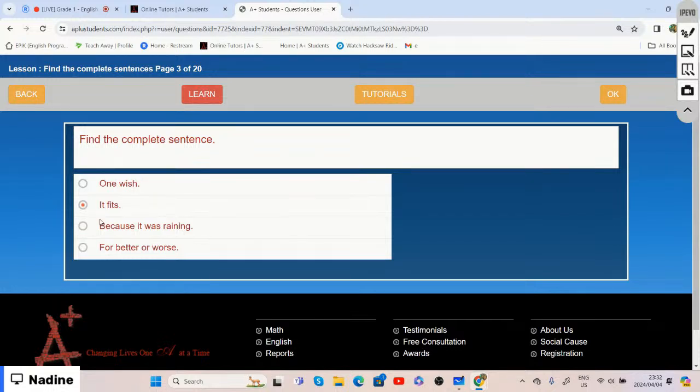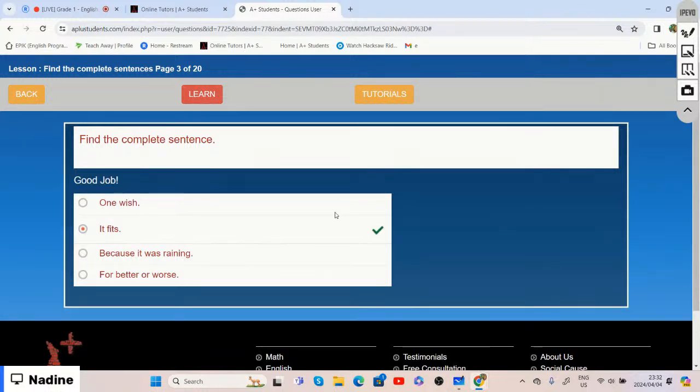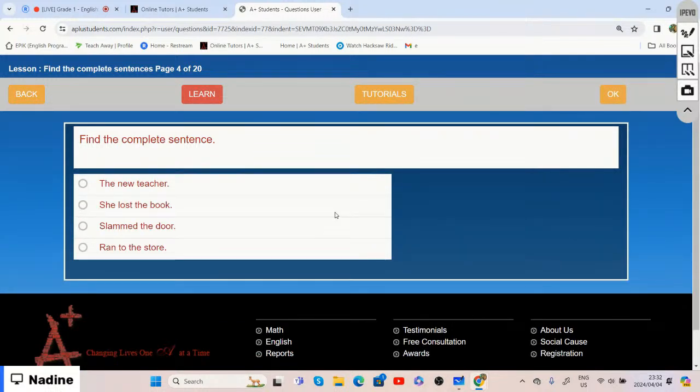We can say it fits is our complete sentence. All right. We need to find the complete sentence. Remember, a complete sentence has a naming part and an action part.